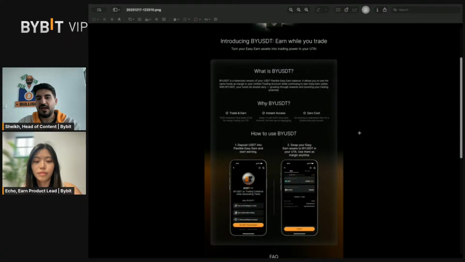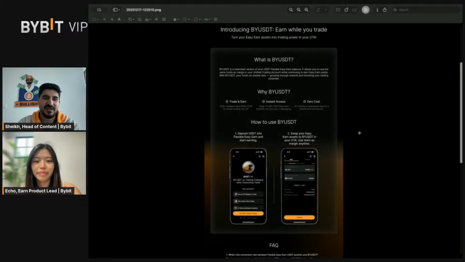And BuyUSDT has the same yield as USDT flexible Easy Earn, without platform rewards APR. For how it differs from USDT, I will invite Echo to go into more detail and show you around the ecosystem and how to access it.